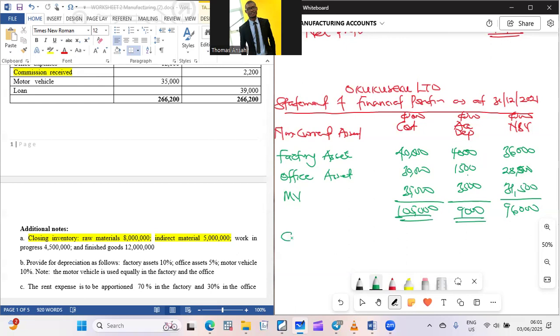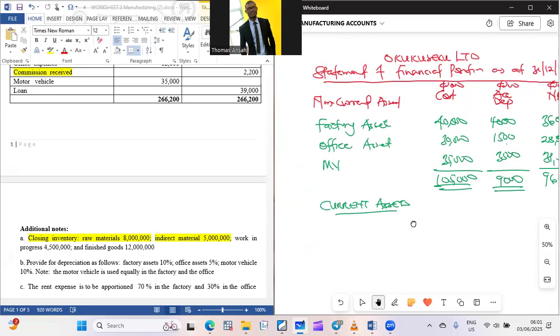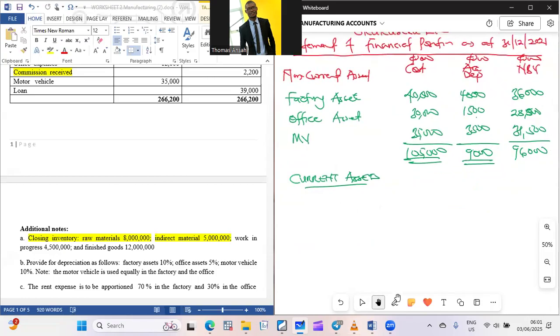Then you come to current assets. Current assets, we have inventory, right? And what inventory are we looking at here? So we have inventory, the closing inventories. So here you will list them.